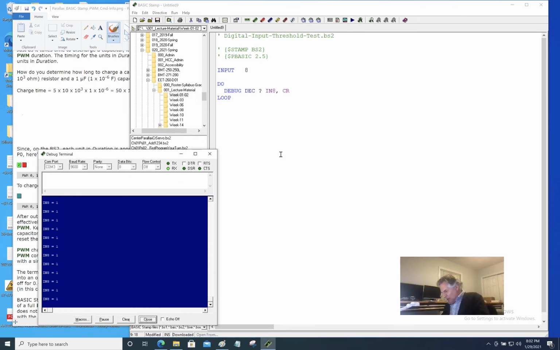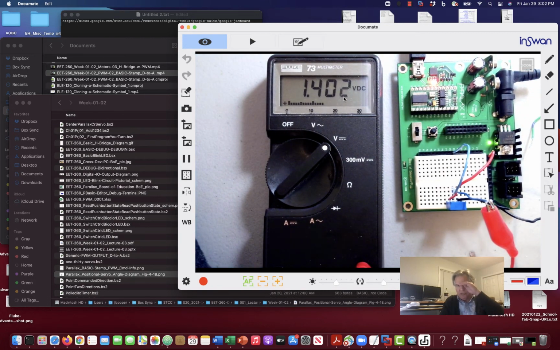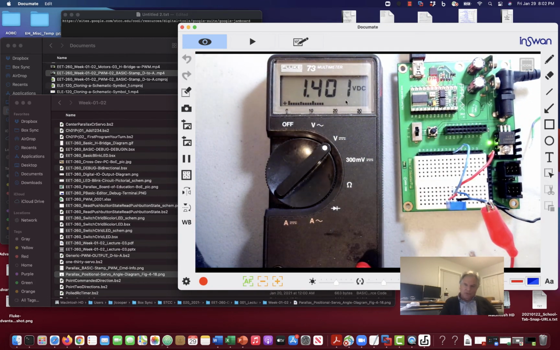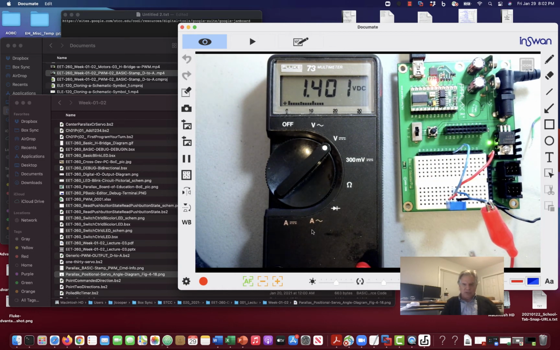And it's a 1 now, and if we turn it back to a 0, just a little bit of pressure turned it to a 0. So maybe that is the same voltage. 1.402, we had 1.422. These potentiometers are not the most accurate thing.